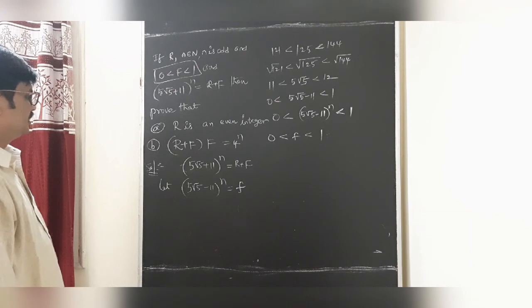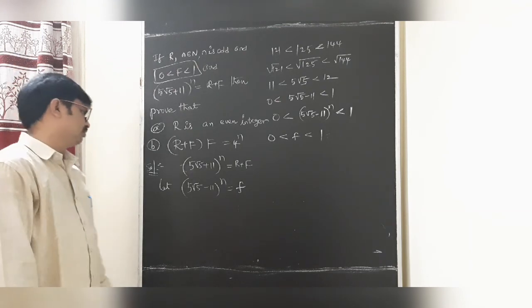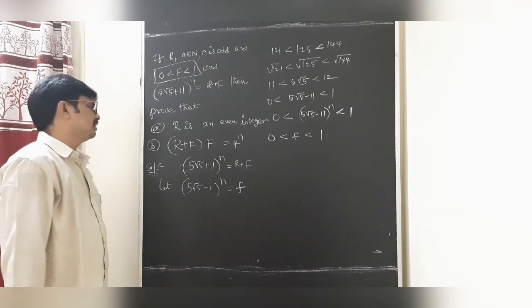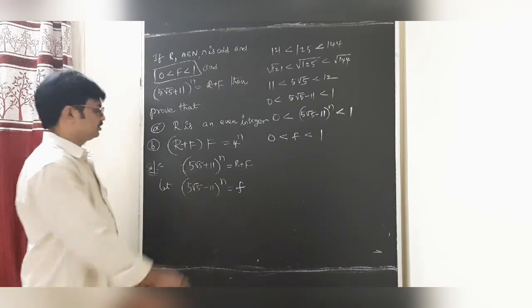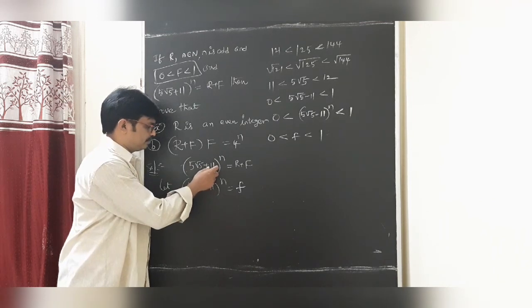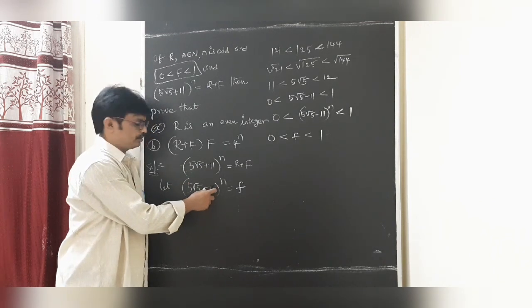My dear students, when we observe here, undoubtedly when we are taking the sum, the irrational part is there. Dear students, nC0 here plus, here minus, nC1 plus.